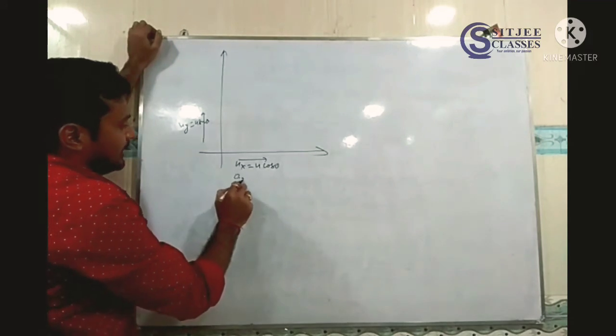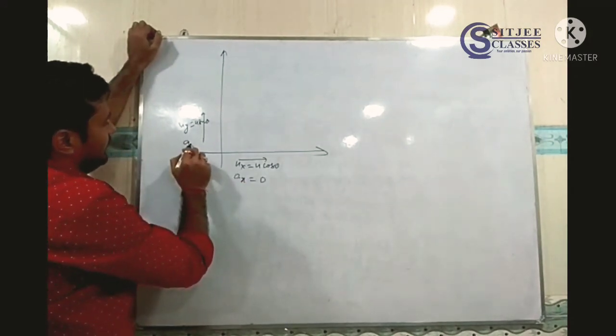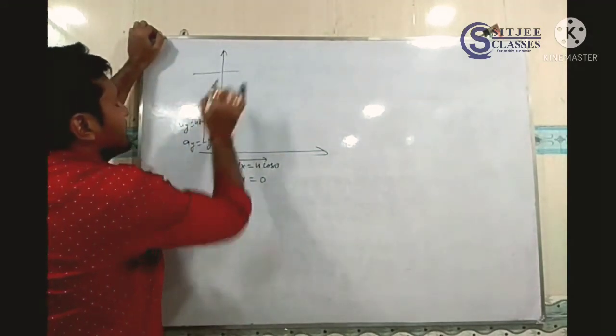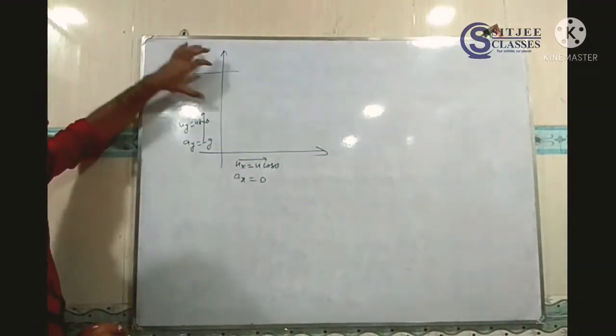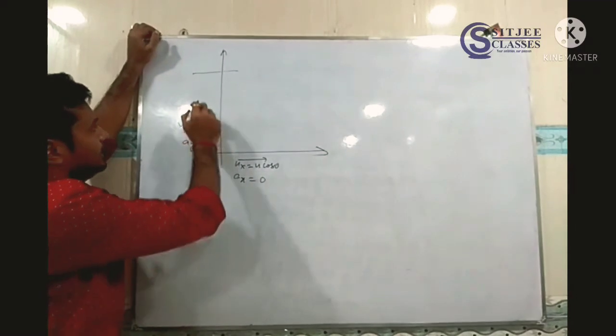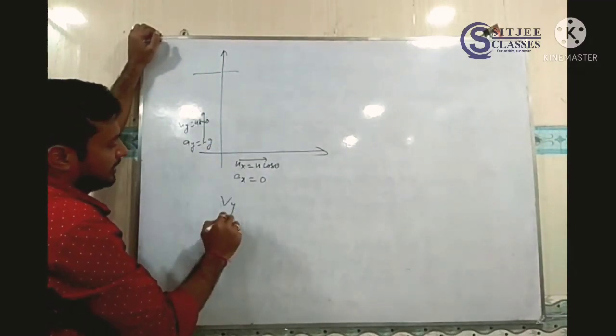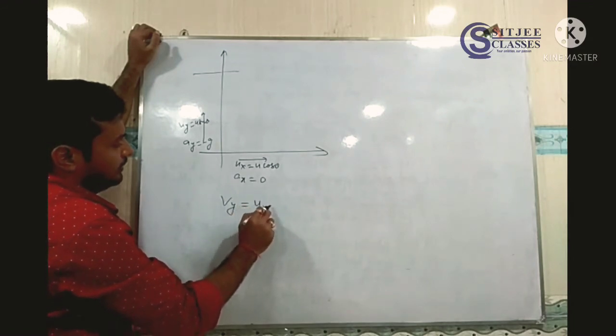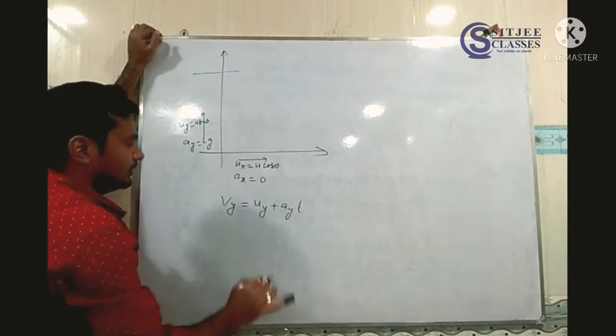Okay, ax is 0 and ay is minus g. Here, let us take this is the maximum x. So how to calculate the time of ascending? I will take here v equal to uy plus ay into t.